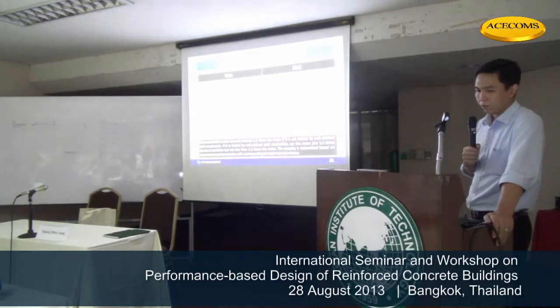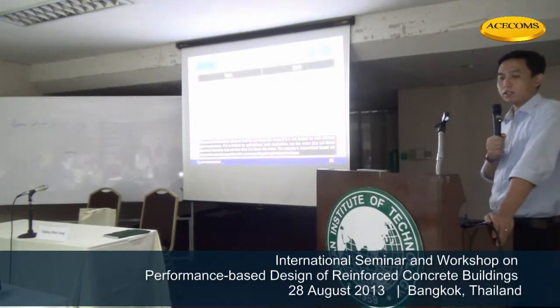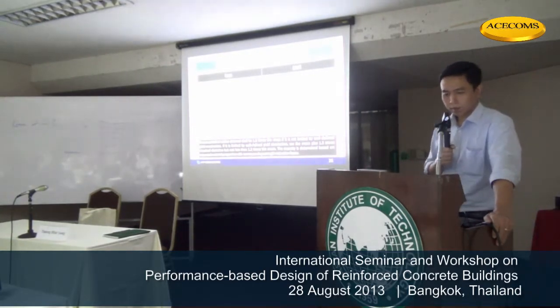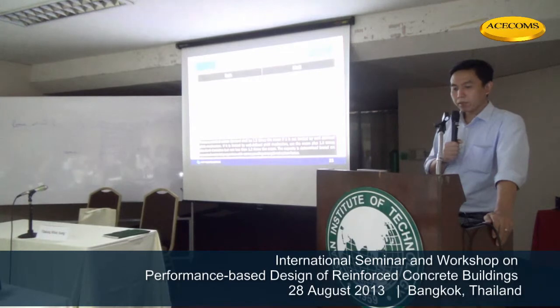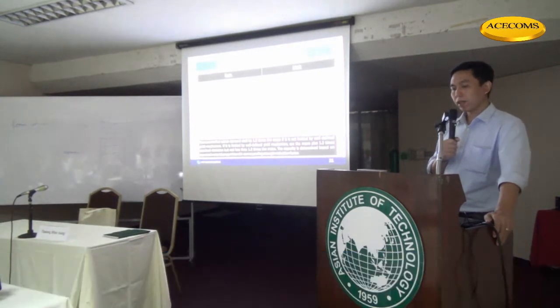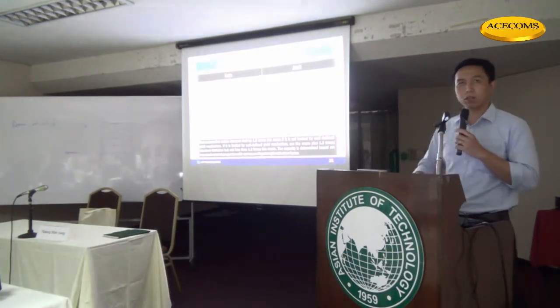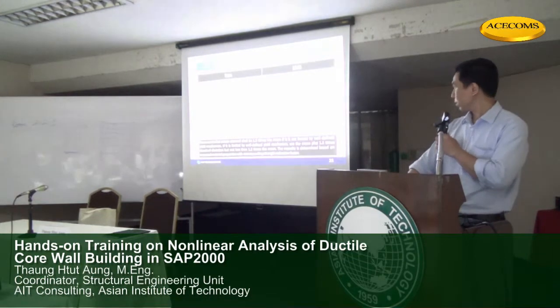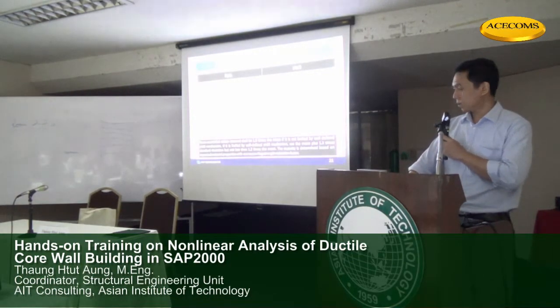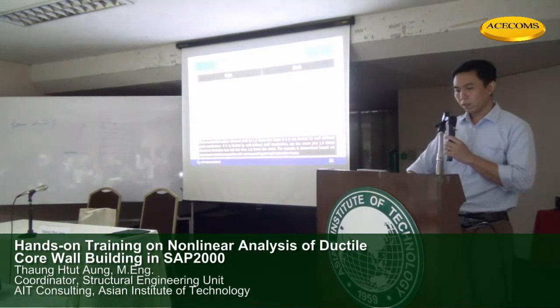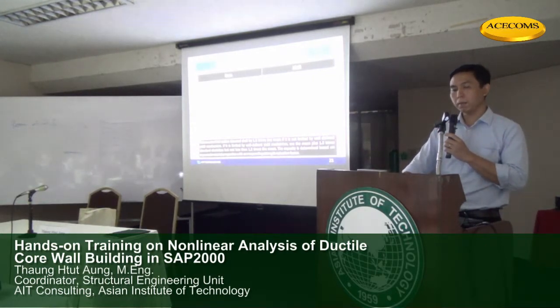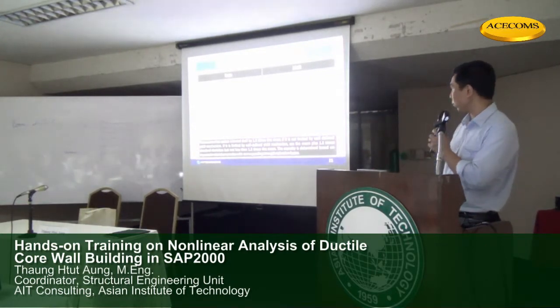So we should check whether it is reasonable or not. And also from the base shear and base moment comparison, we can determine whether the wind load is controlling or not. Sometimes wind moment is controlling in tall buildings. Sometimes in terms of base shear, seismic shear is controlling.